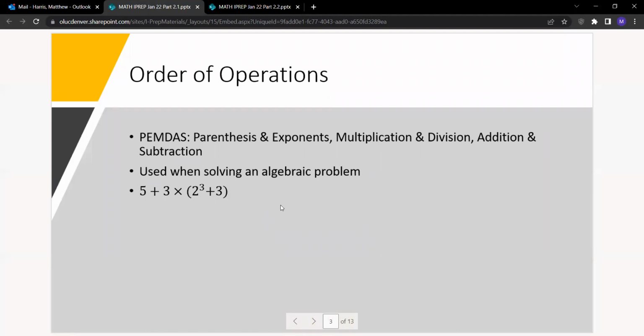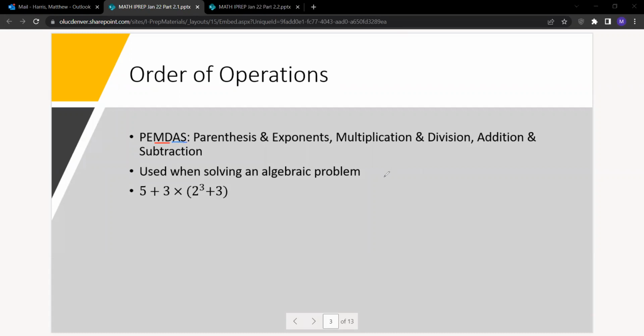So the way we remember this is PEMDAS. We have parentheses and exponents, multiplication and division, addition and subtraction. So an important thing to note about PEMDAS is that these steps happen at the same time as do these steps.